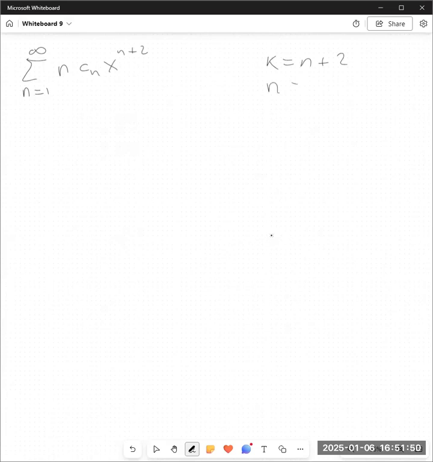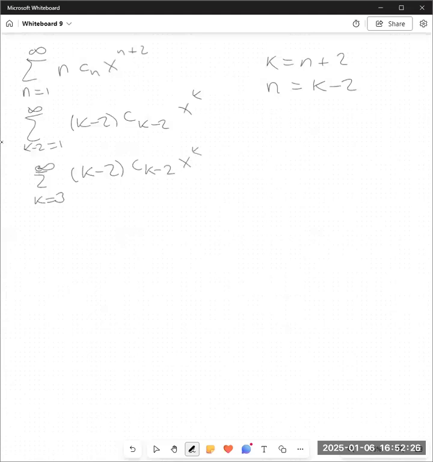If that happens, n is equal to k minus 2. So we have k minus 2 equals 1, k minus 2, c sub k minus 2, x to the k. And when I add 2 to both sides here, this is k equals 3 to infinity, k minus 2, c sub k minus 2, x to the k.